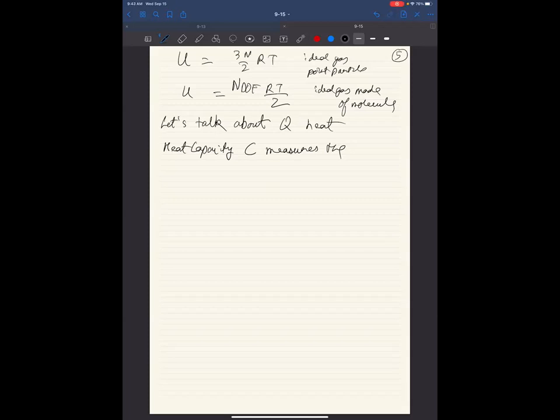So, I am right now not talking about specific heat. I'm talking about heat capacity, which measures the ratio of the heat Q absorbed by a system to the amount of temperature change.